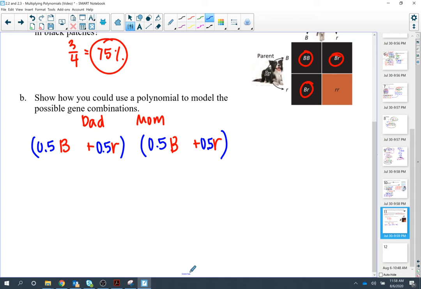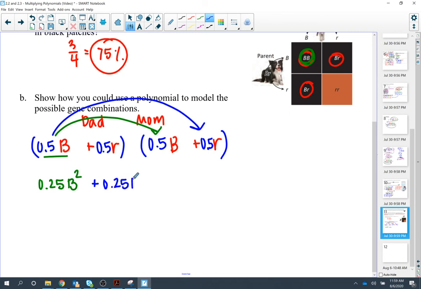Then, if we want to figure out what's going to happen to a kid, we're going to distribute. So 50% times 50%, or 0.5 times 0.5, is 0.25 big B squared. So that right there would be this up in your Punnett square. That's your BB, which is 25% of that Punnett square. Then we're going to take 50% times 50% of the B r, so plus 0.25 big B little r.